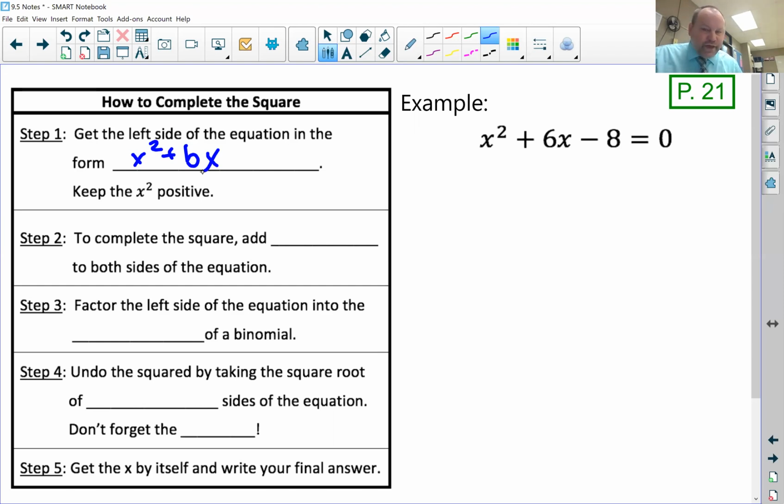There are ways you can do that. If it was negative on this, we could add it to both sides and make it positive. We'd be okay. To complete the square, add b divided by 2, squared, to both sides of the equation.